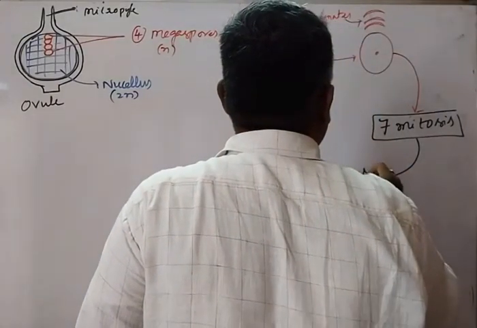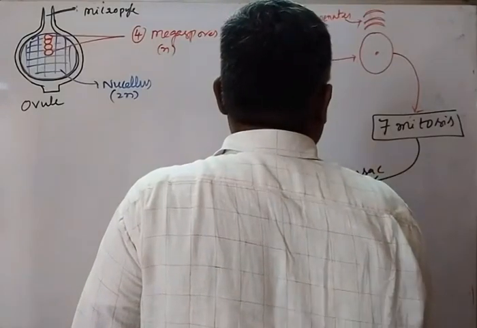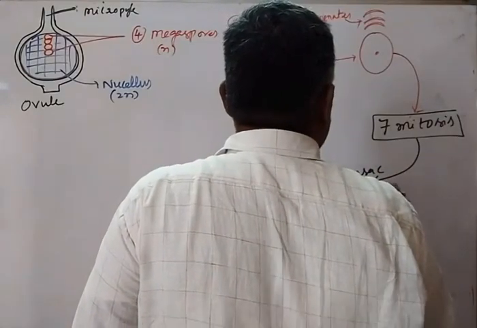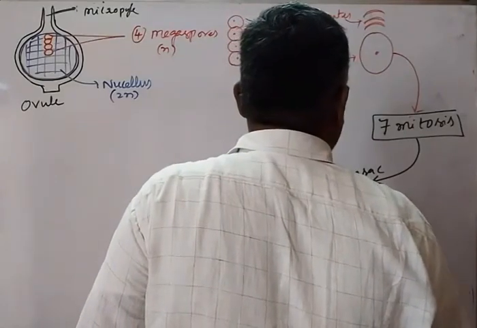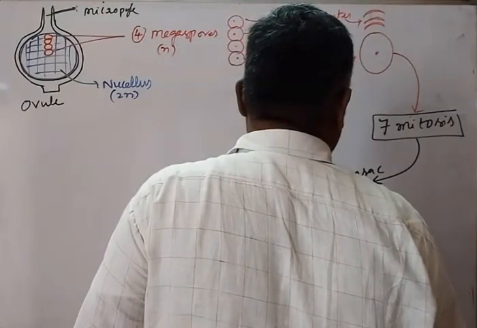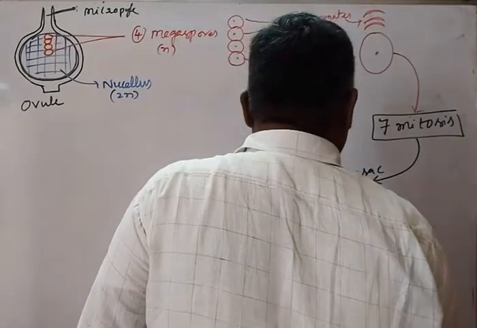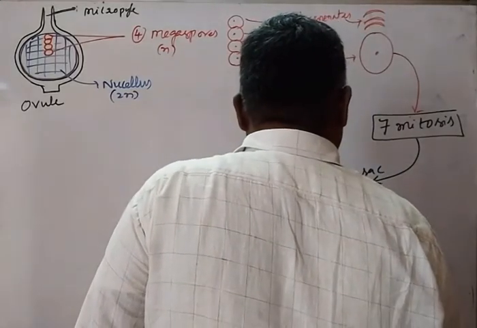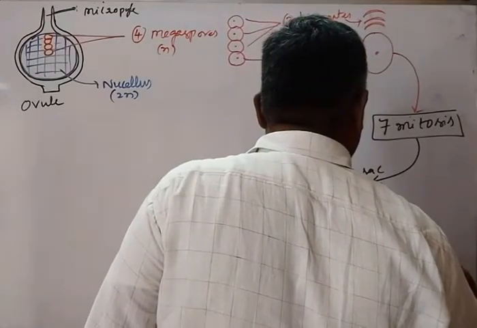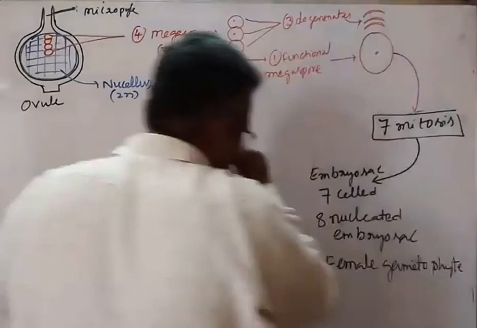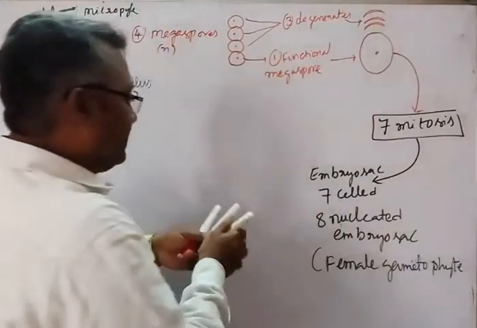What kind of embryo sac? A 7-celled, 8-nucleate embryo sac. This embryo sac is also called the female gametophyte. Now I am giving the diagram of the same.